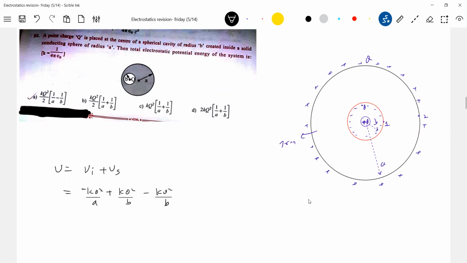Sir, minus kq square by B, no, sir? Okay, I'll check it. First, between these two, minus kq square between the point charge and surface 1. Okay, B, between the point charge and the outer surface. It should be E, and this should be E. I'll write it down.